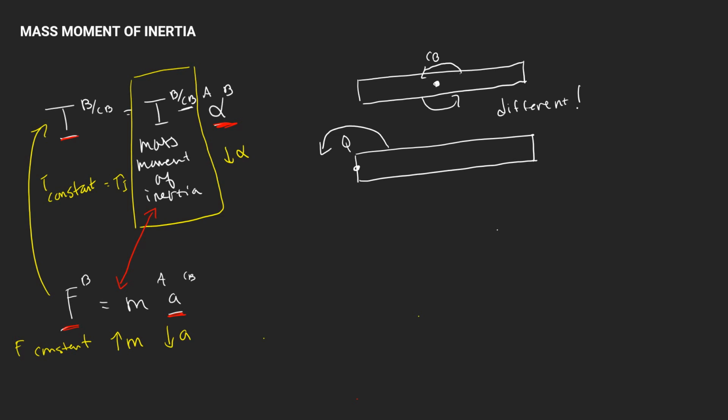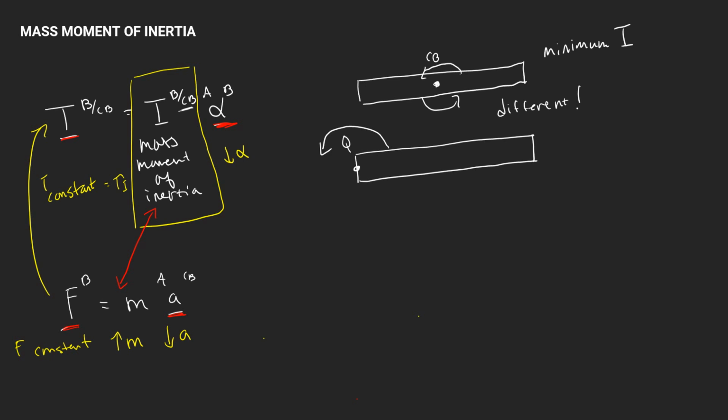That's because for a uniform rigid body, it's always true that the minimum moment of inertia is when the rotation occurs about its center of mass. And this becomes apparent when you look at the equation for calculating the mass moment of inertia of a rigid body.